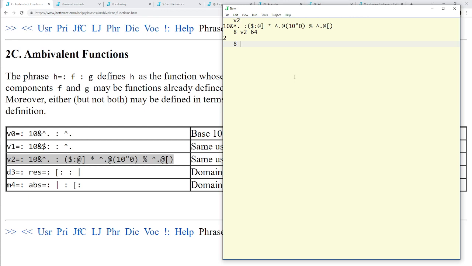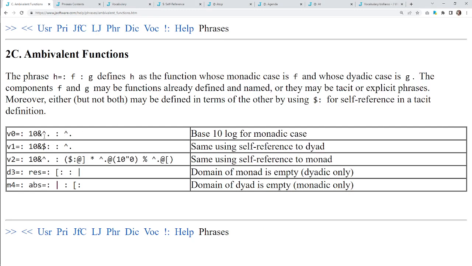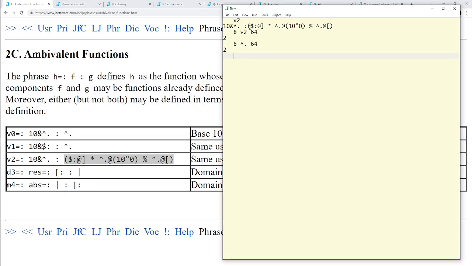So 8 log 64, same thing. So here you see the monadic case and the dyadic case. So basically here we're using self-reference. Here we're using, maybe I should make this one bigger too, but then you can't fit enough code on the screen.